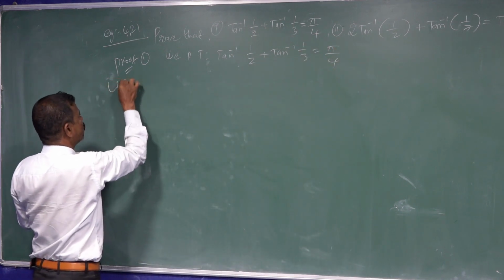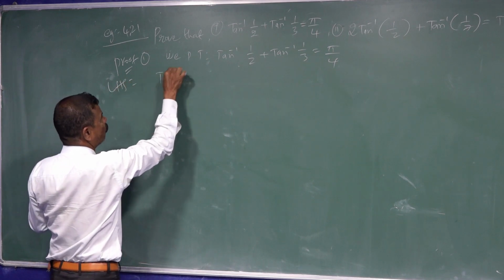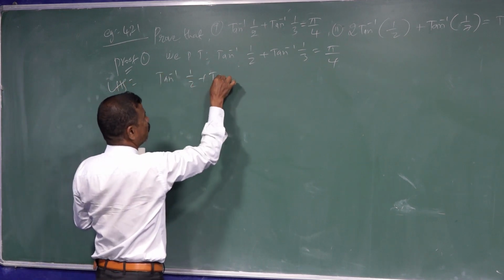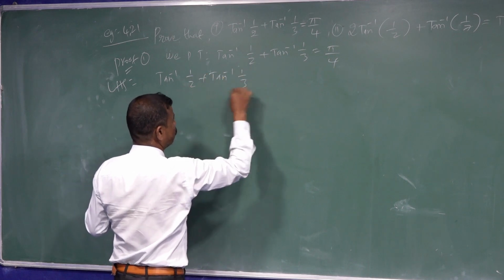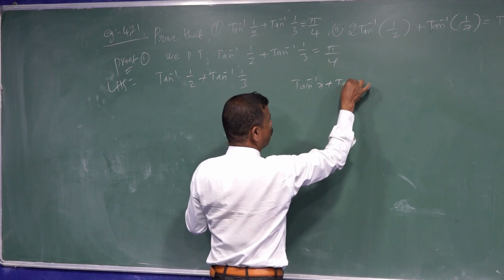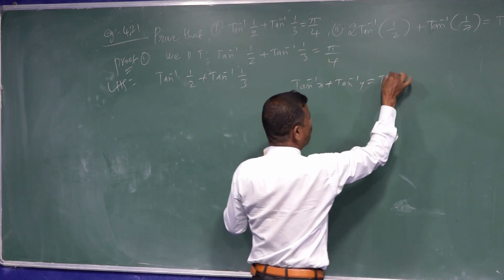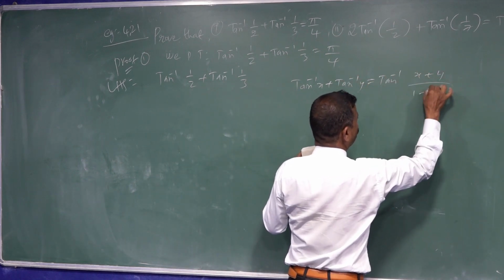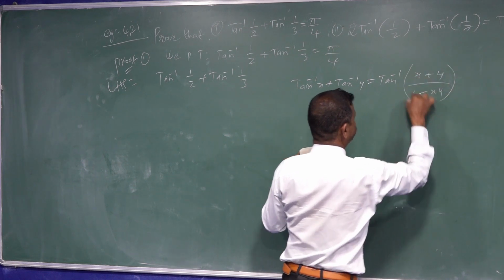So LHS is tan inverse of 1 by 2 plus tan inverse of 1 by 3. The formula is tan inverse of x plus tan inverse of y is equal to tan inverse of (x plus y) by (1 minus xy).